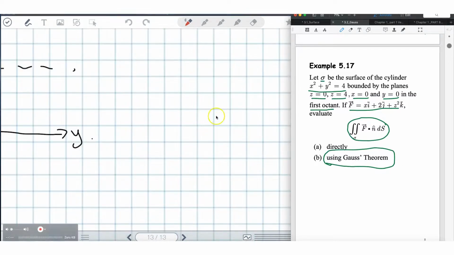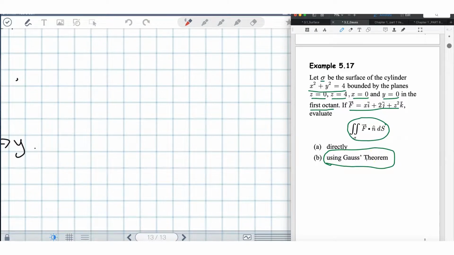Actually, the question here is asking for both, direct, meaning you have to provide 5 surface integrals. This is called directly, but I don't want to do that. Here I just want to use the Gauss Theorem because I want to show you how we can use Gauss. So using Gauss, we have to apply triple integral, and you have to find the divergence of F dV over solid G.